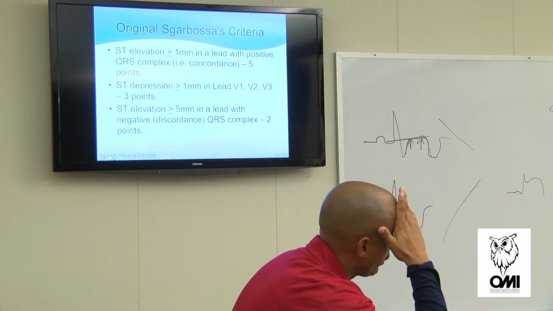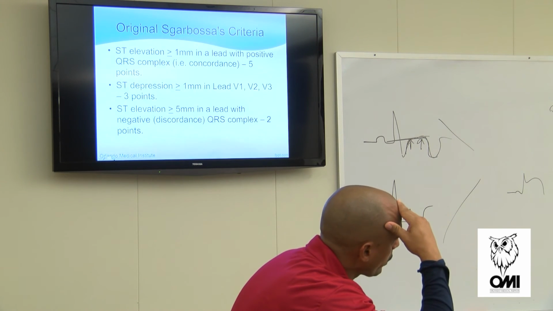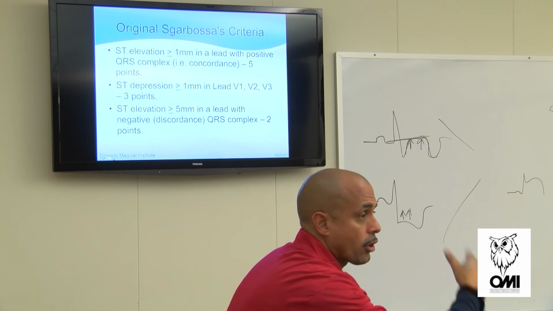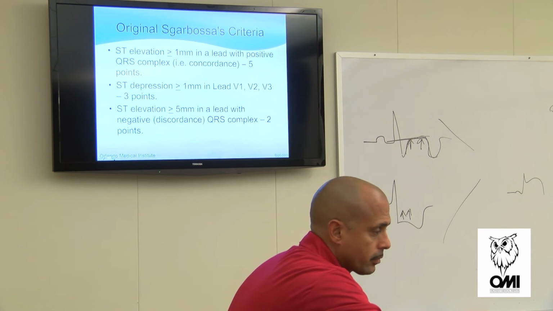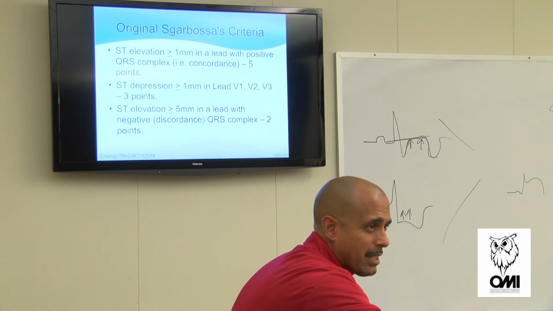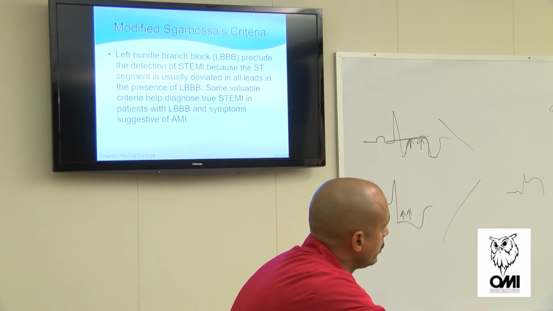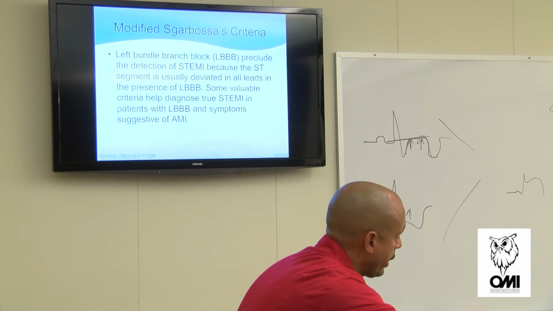All right, so here, and I think I go into detail as well. This is the original Scarbosa criteria. They just recently modified it. So they said if you meet any one of these three, you have a 90% chance of it being an MI. Now, they modified it, and what they said is, yes, it still applies to a left bundle branch block and a ventricular pacer, right?